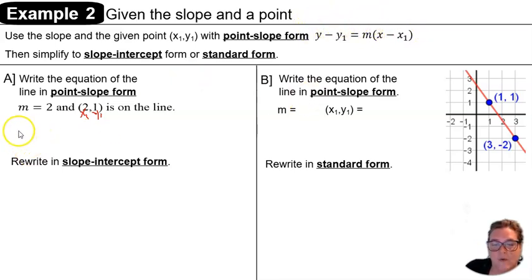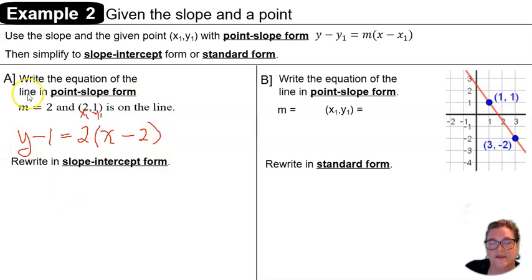So we're going to have y minus y1, which is positive 1, is equal to m, the slope, and that's given as 2, then parentheses, x minus, and the x1 from our point is a 2. And that is the point-slope form of the line with a slope of 2 that passes through the point (2, 1).